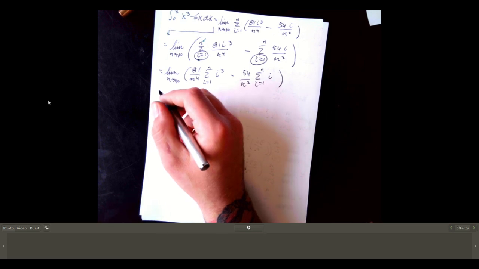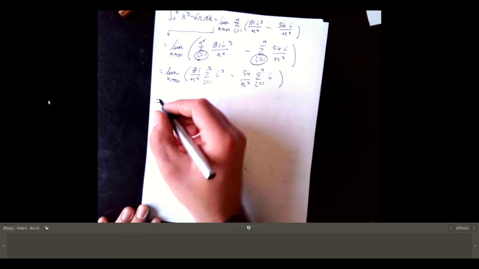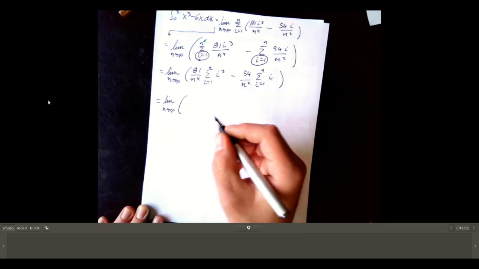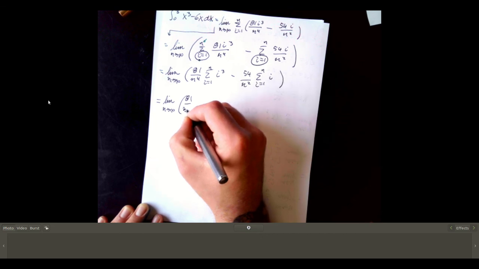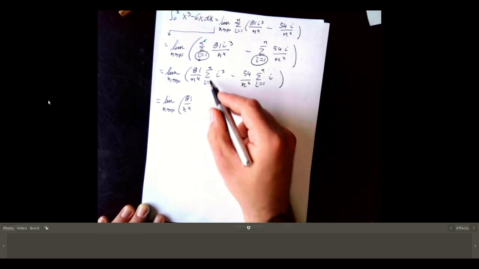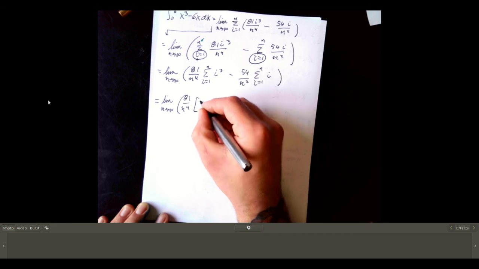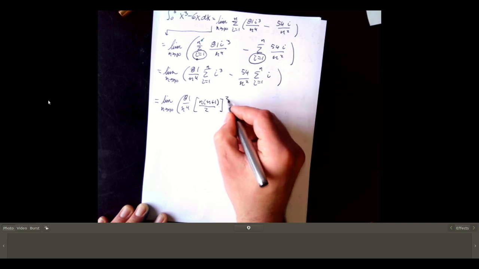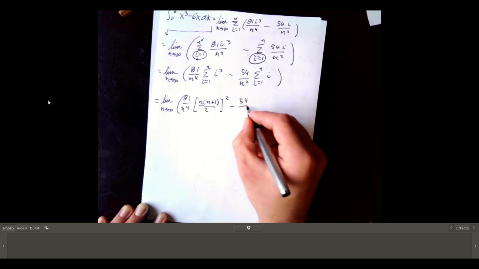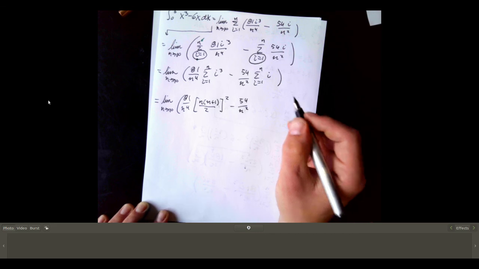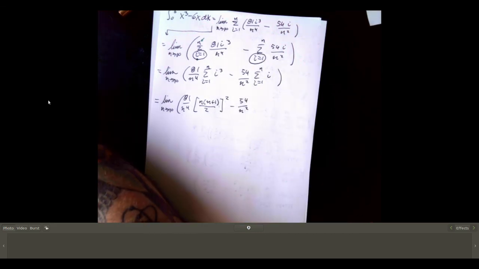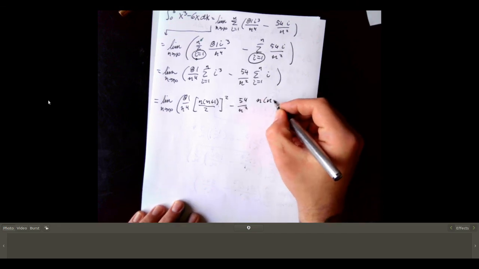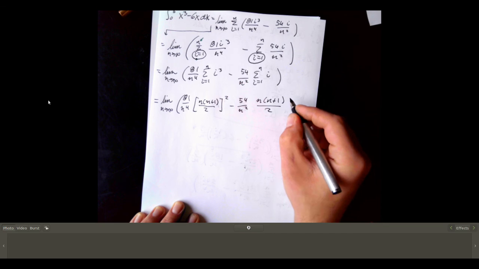So now we're going to go back to those rules that I had up a moment ago. This is going to be equal to the limit as n goes off to infinity of 81 over n to the fourth times the sum of the first n integers cubed, which is n times n plus 1 all over 2, squared, minus 54 over n squared times n plus 1 all over 2.